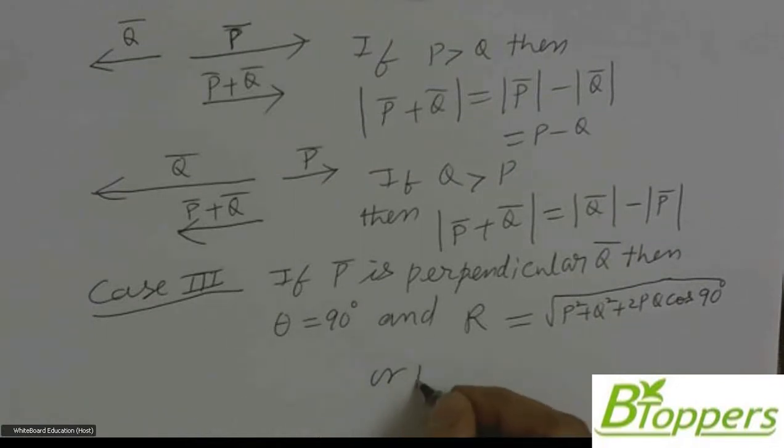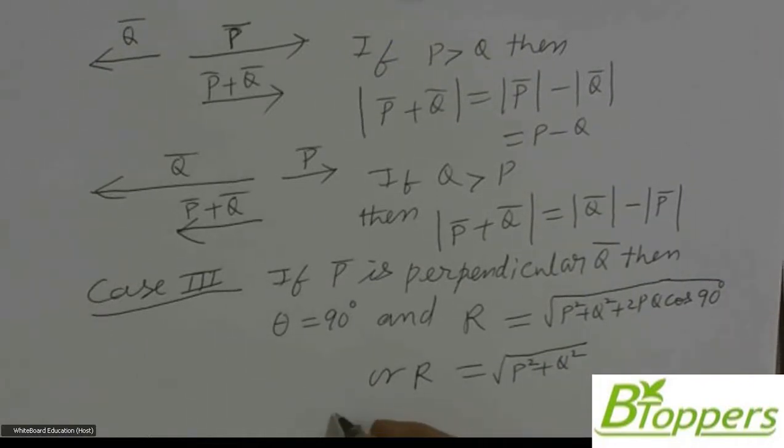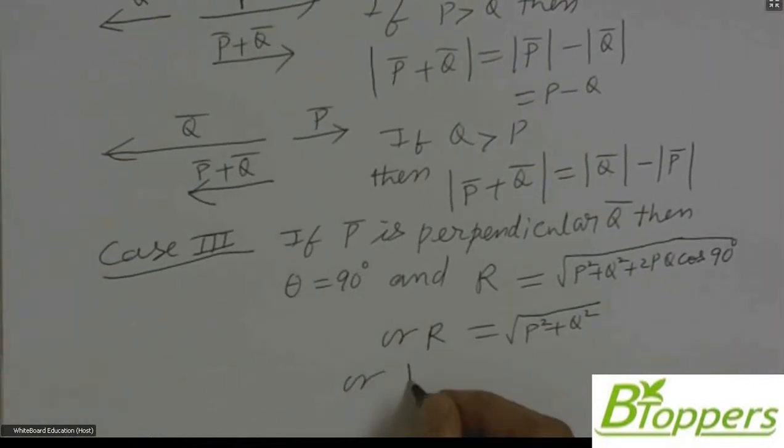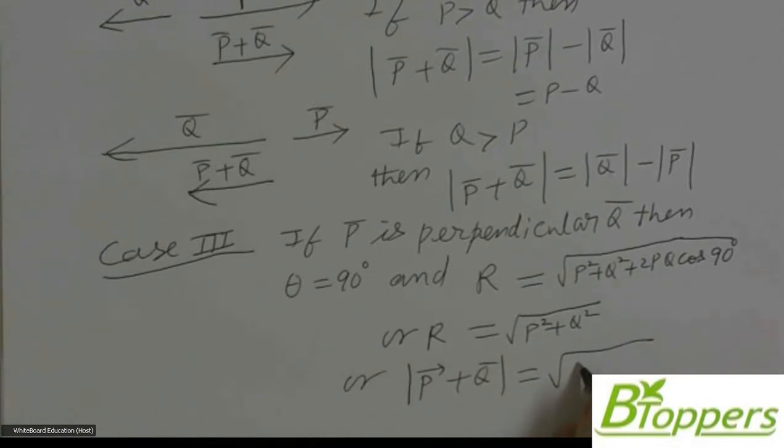You must be knowing cos 90 degrees is 0. So you can write R equal to root of p square plus q square. Or the same result may be written as: magnitude of the vector sum of p bar and q bar is equal to root of p square plus q square.